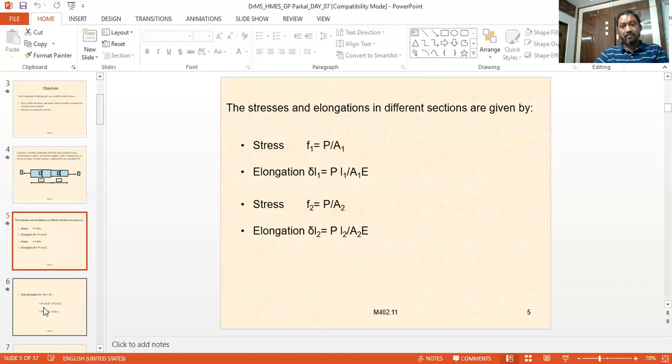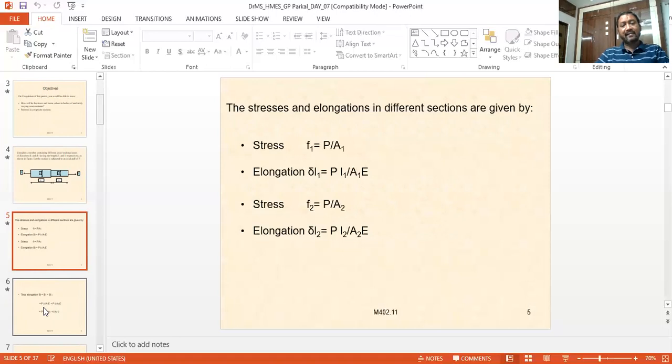So the force P is constant and equal for two sections, whereas the area changes. Therefore, the stress at section 1, sigma1, is equal to P1 by A1, which is also nothing but P by A1.